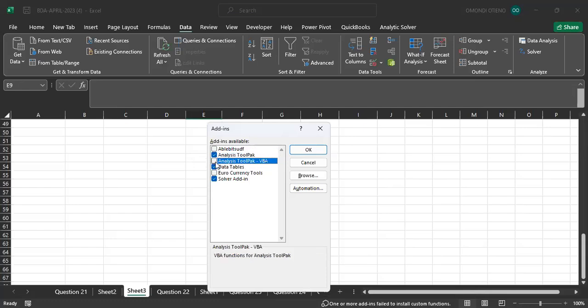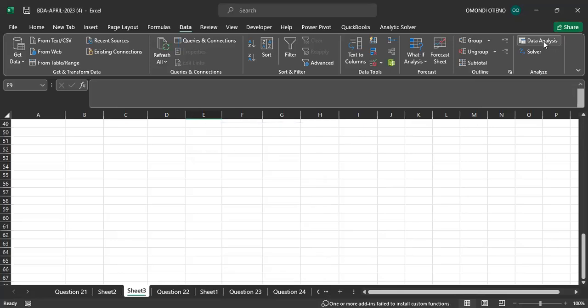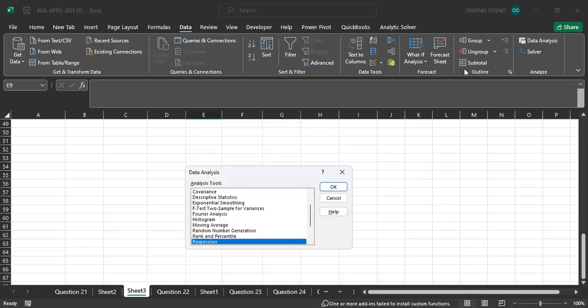Nataka umark the first one. Hizi zingine wachana nazo. Ensure that this one is marked analysis toolpack, then you confirm. Ukifanya hivyo utaona imekuwa displayed hapa. So ensure that you have it.